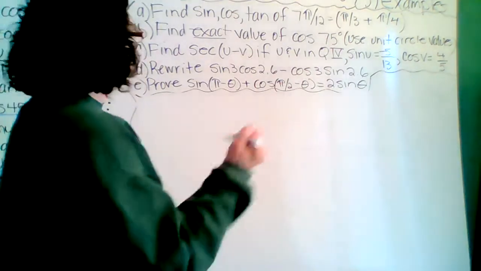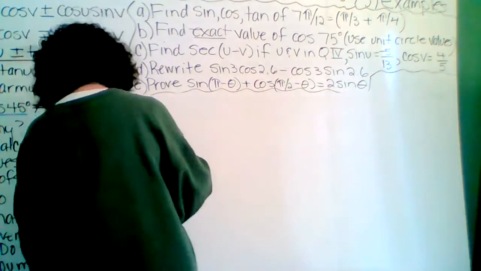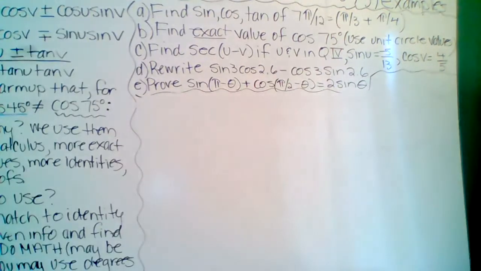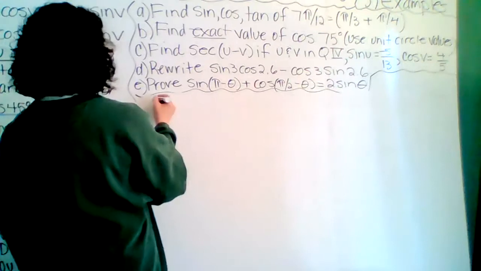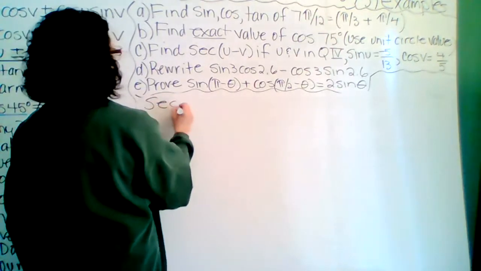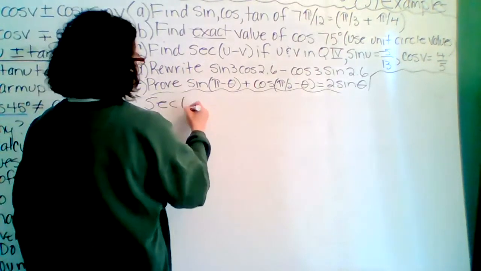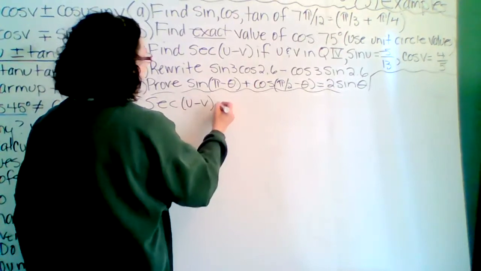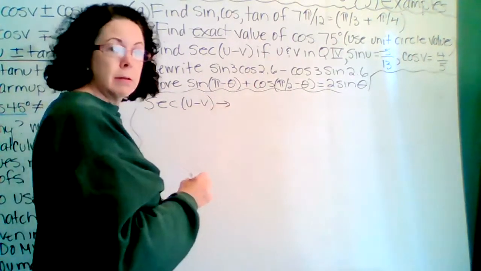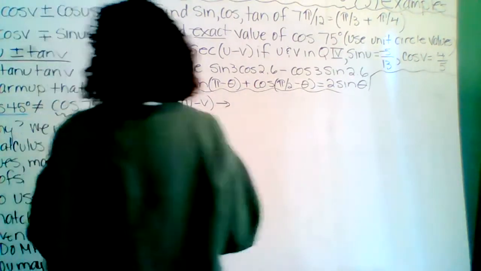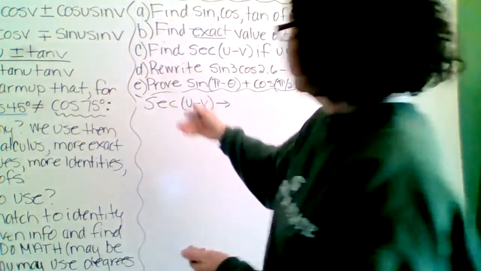Wow. Okay, first of all, to find secant of U minus V, I don't have a secant formula over here, right?